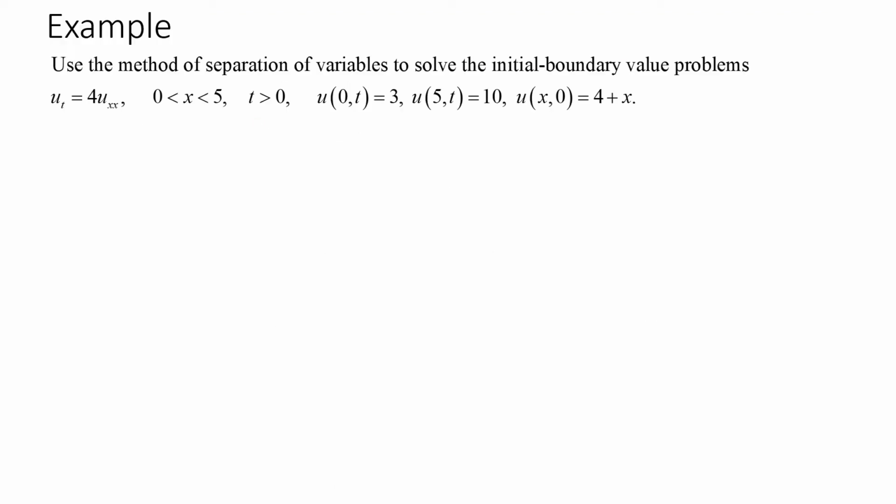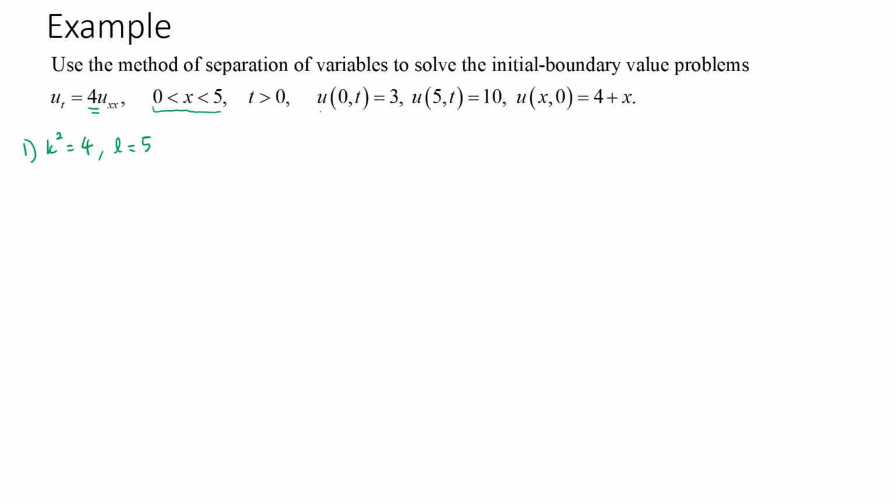Now let us try this example using the method of separation of variables to solve the initial boundary value problems. Given ut equals 4 uxx, so now I will write down all the important terms. So we have k squared equals 4, and the length of the x-axis is from 0 up to 5, so L equals 5.